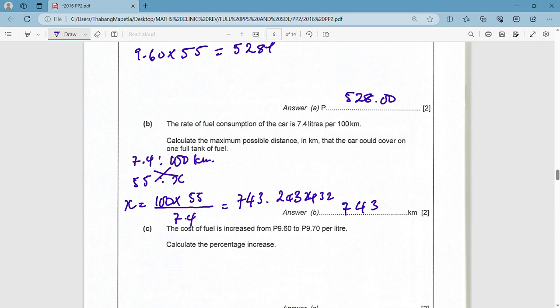Then the next question says the cost of fuel is increased from 9 pula 60 to 9 pula 70 per liter. Calculate the percentage increase. From 9.60 to 9.70 is a 10th of an increase, so it's going to be 0.1 divided by the original 9.60, times 100.